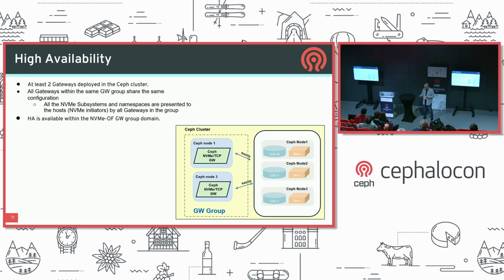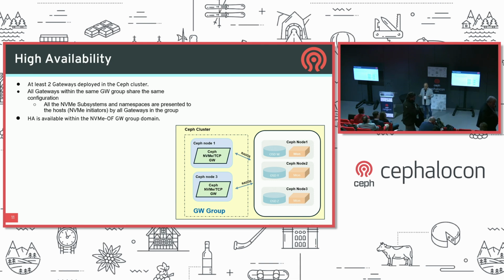Just a word about gateway groups. A gateway group is a set of gateways that share the same configuration, so they expose the same subsystems and the same namespaces, and then the initiator connects to all gateways in the group and achieves multipathing. It can get failover and so on, but we can also define more gateway groups on the same Ceph cluster.